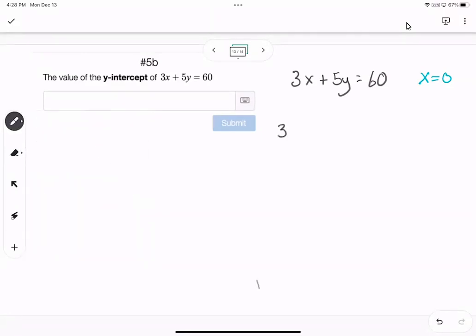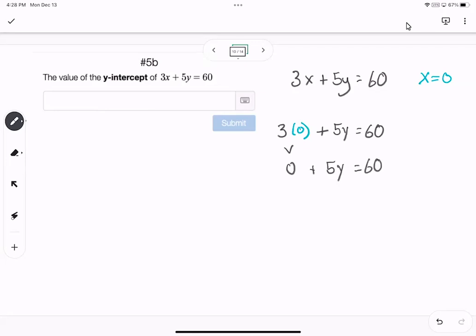So we have 3 times 0 plus 5y equals 60. 3 times 0 gives us 0. I'll write it this time. 0 plus 5y is equal to 60.